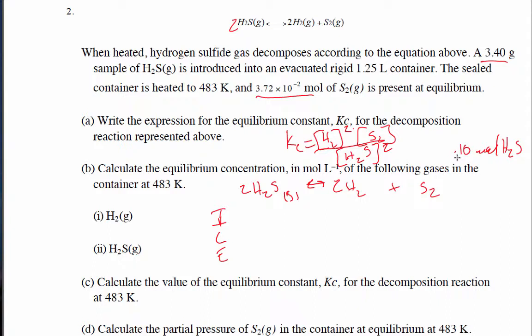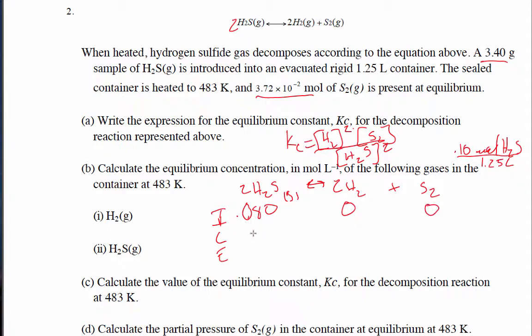Now, if I have that many moles, I'm going to divide that by the 1.25 liters, and that gives me 0.080, sorry. We'll just go ahead and put a zero. There we go. Now, at this point, when everything begins, these are both at 0.